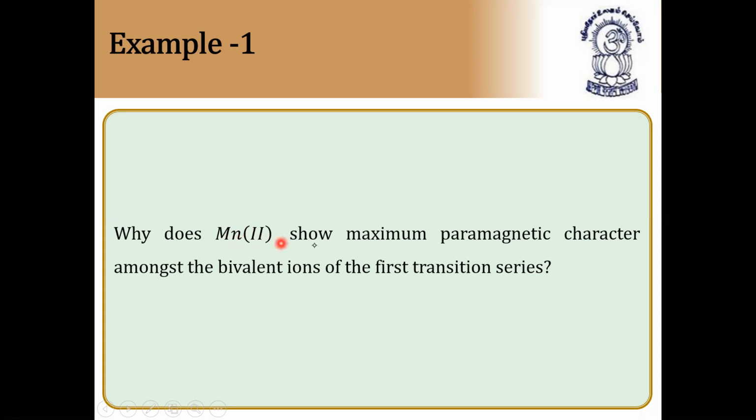Why does manganese plus 2 show maximum paramagnetic character amongst the bivalent ions of the first transition series? Go for the oxidation state. Manganese has atomic number 25, so it has argon 3d5 4s2.